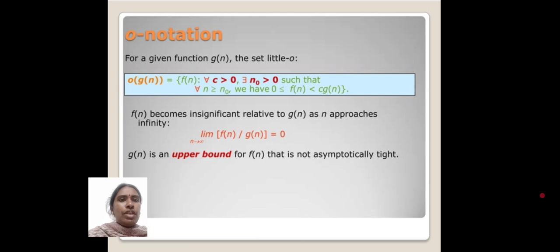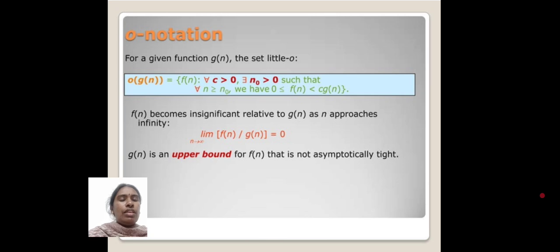Now little o notation. For a given function g of n, the set little o of g of n is the set of f of n such that for all c greater than 0, there exists n naught greater than 0 such that for all n greater than or equal to n naught, we have 0 less than or equal to f of n less than or equal to c into g of n.